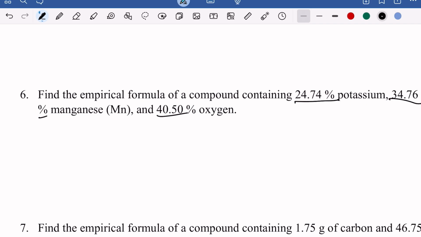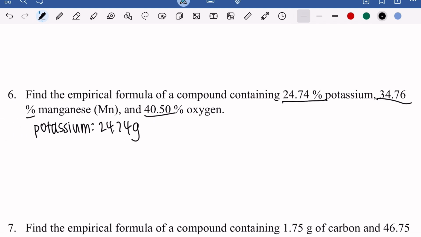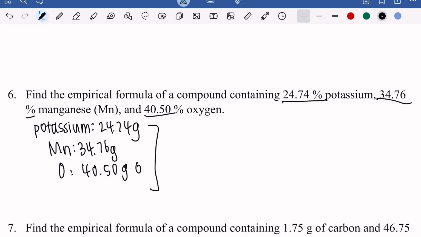So basically there's 34.76 grams of manganese and 40.50 grams of oxygen, and this all should add up to 100 grams.